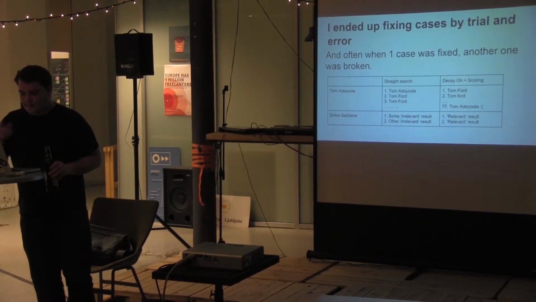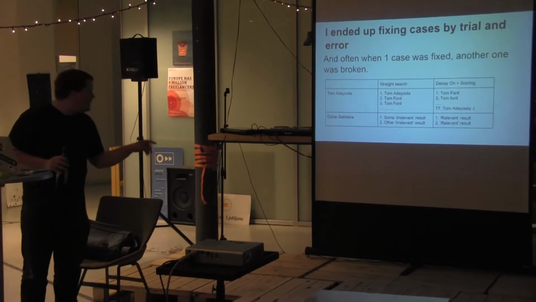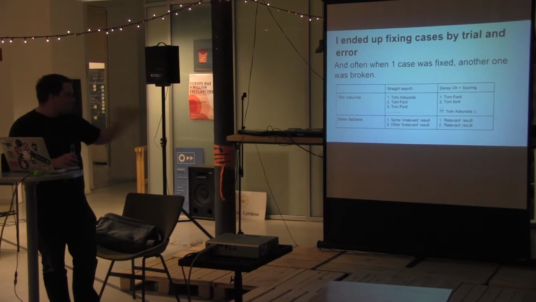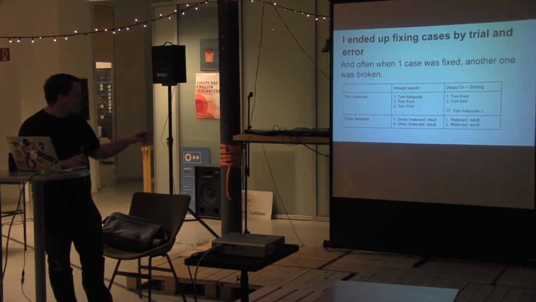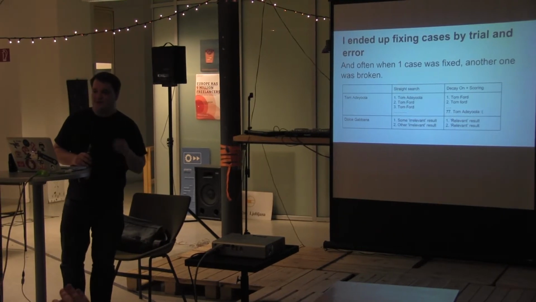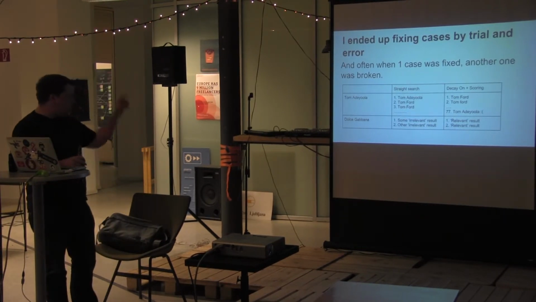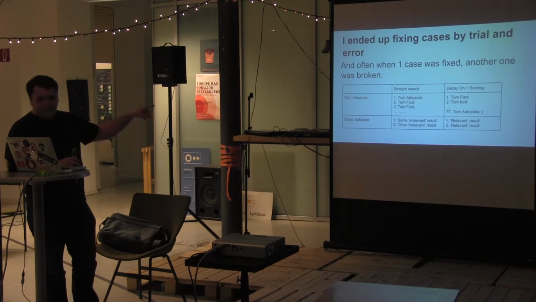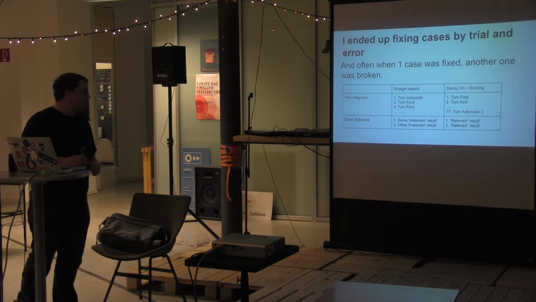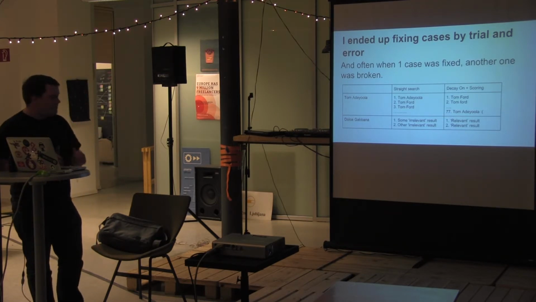So you can see this, I guess. As I said, straight search is here. This is just straight search. We don't do anything with it. We don't have any modification, any scoring functions, anything. So for Tom Adeyula, which was one of the cases, it works just fine. It works the best. It's the first result. Everything is cool.